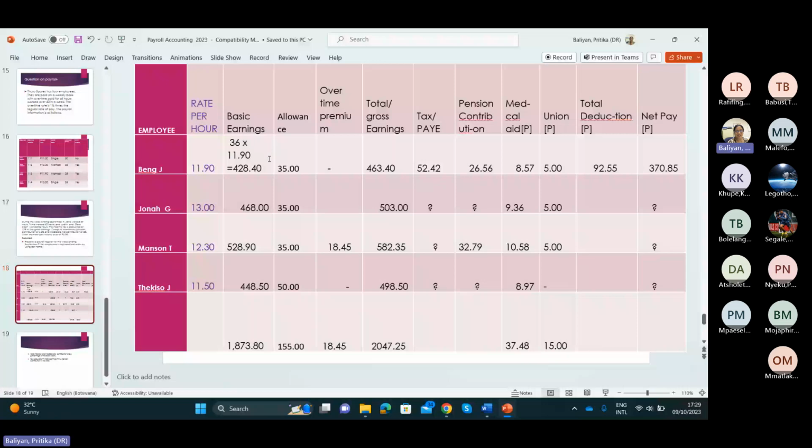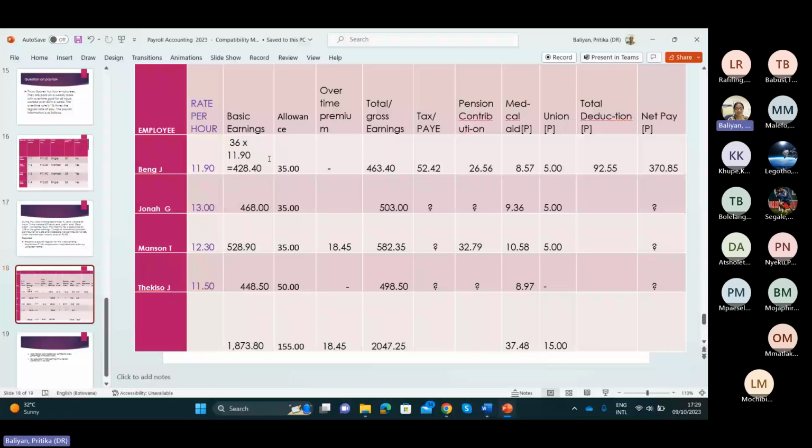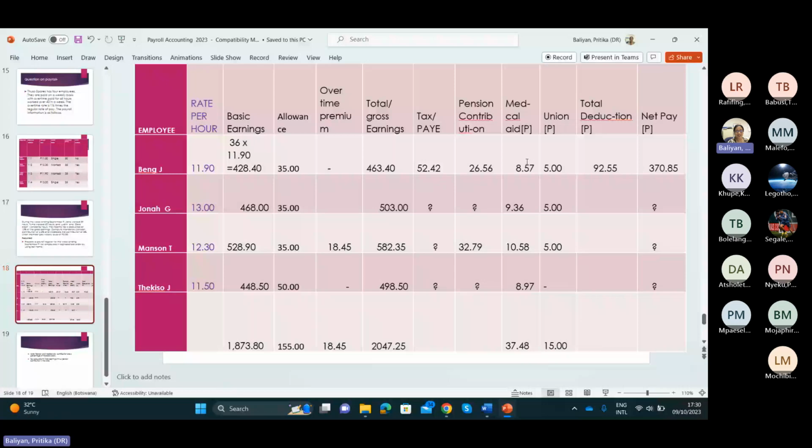Then 2% of it, can we calculate 2% of it? You can calculate 8.56. Which one can we round up? 8.568, so 8.57. Right?